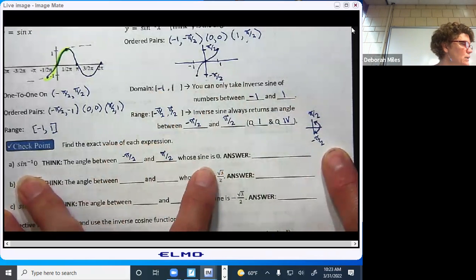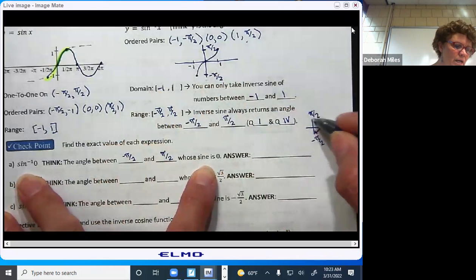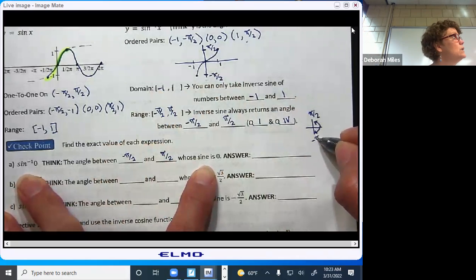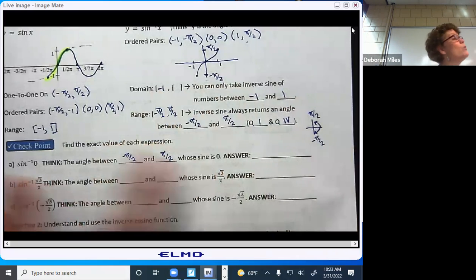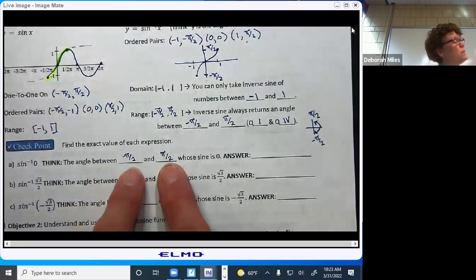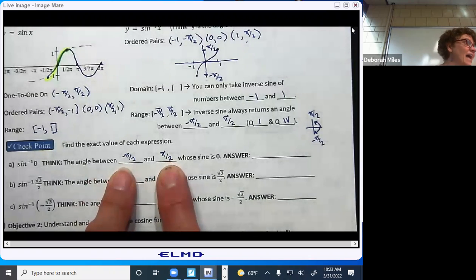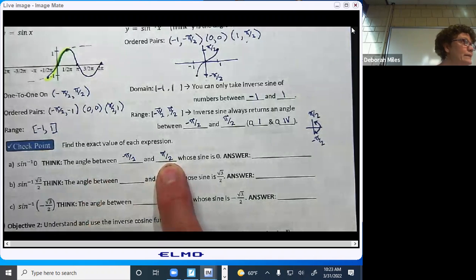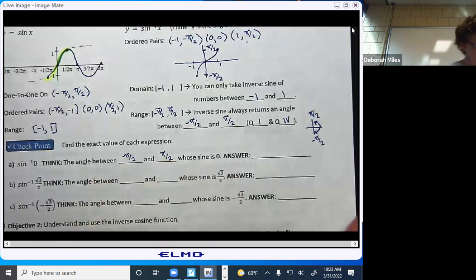Sine is which coordinate? It's the y coordinate. So where between here and here is the y coordinate 0? It's got to be a number between -pi/2 and +pi/2. So you got to call it 0, even though 2 pi is coterminal with that.